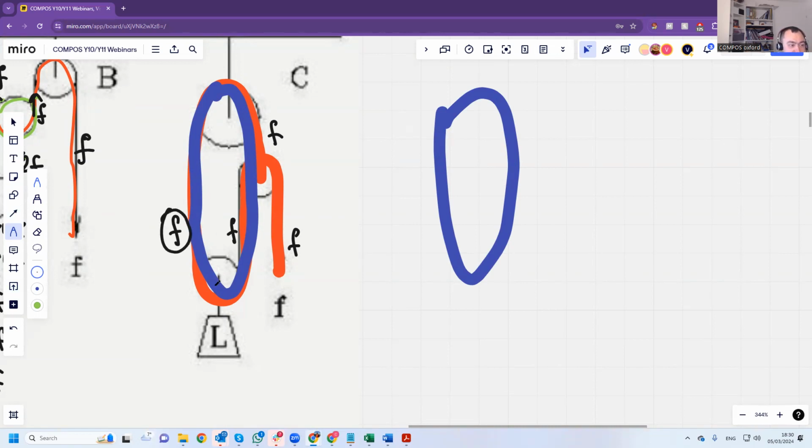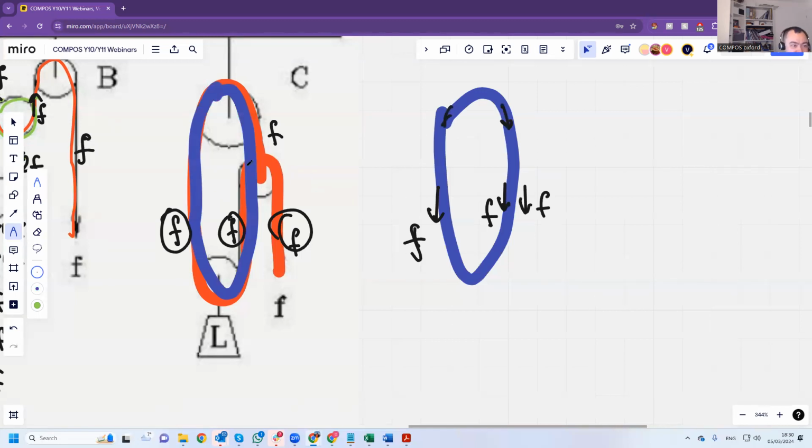There's an external force F, that's the left side of the pulley pulling down, F. And then here you have F and another F. So we have two external forces pulling down. That means the whole thing will just spin.